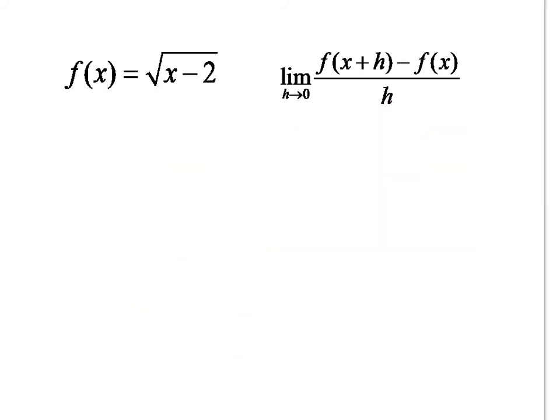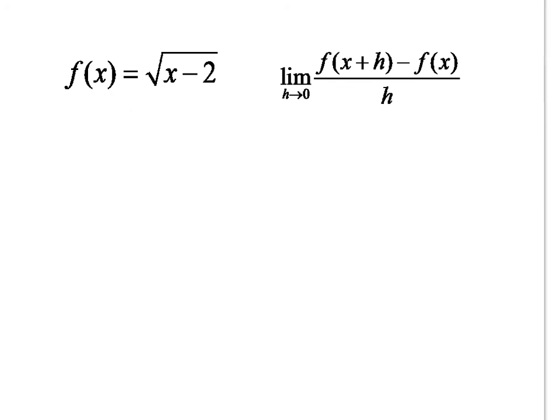Let's try one more. Find the limit, the difference quotient, as h goes to 0 of f of x plus h minus f of x all over h, where our function is root x minus 2. So what I'm going to do here is plug in x plus h into f of x.